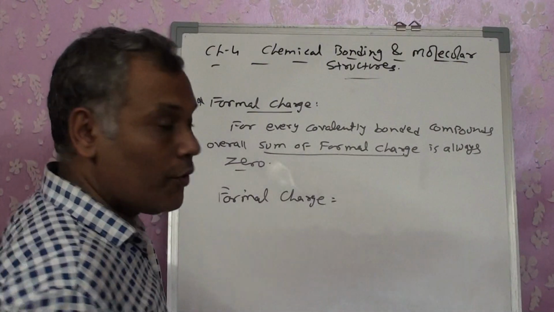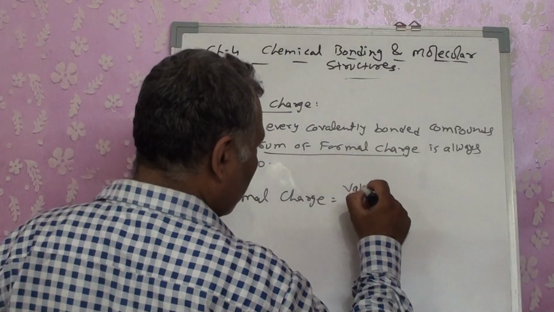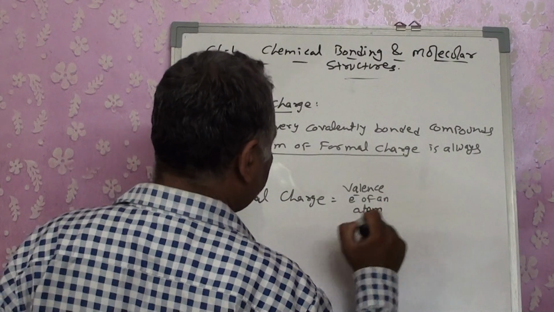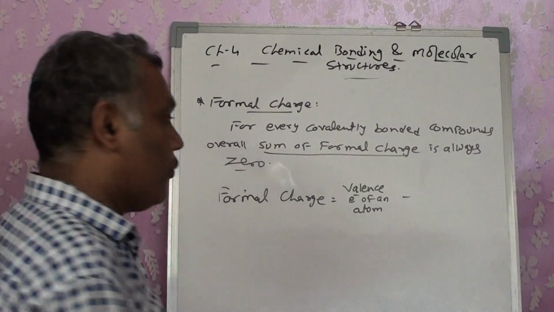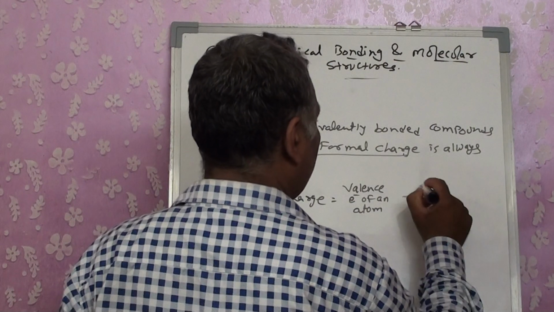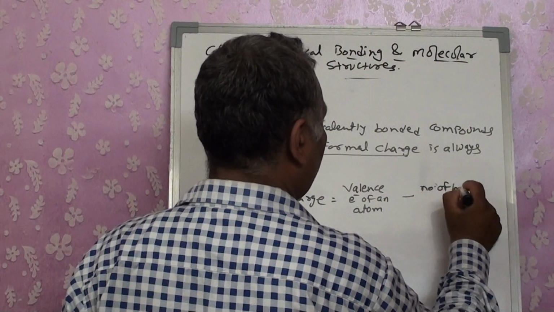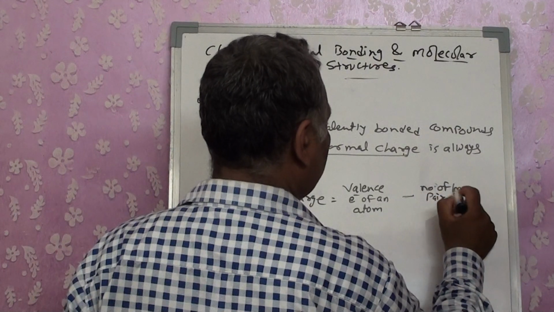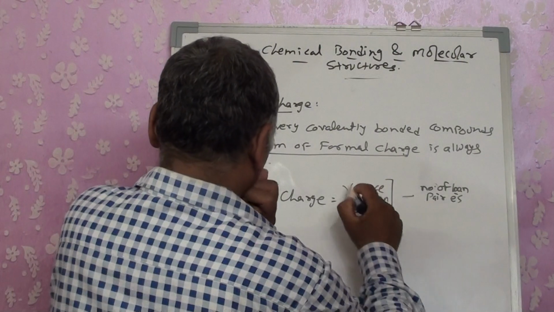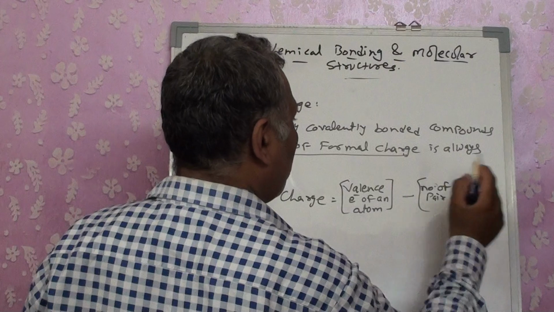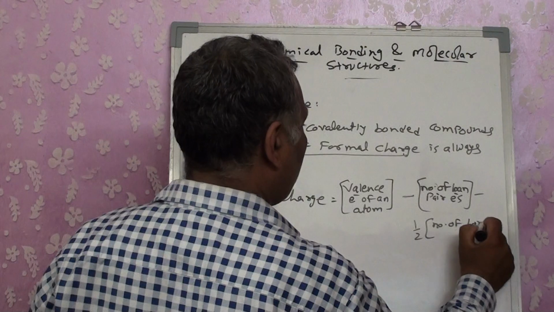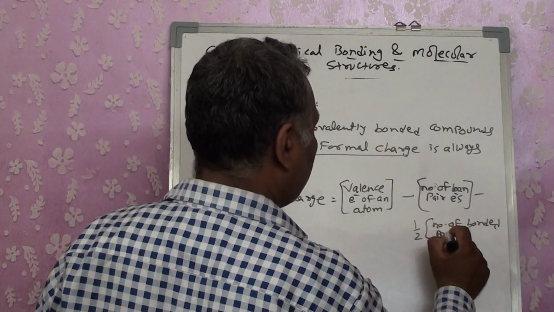That is equal to, first of all, you have to calculate the valence electrons of an atom. From it you will have to subtract the number of lone pair electrons, minus 1 by 2 the number of bonded pair electrons.